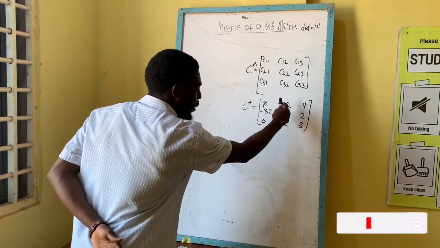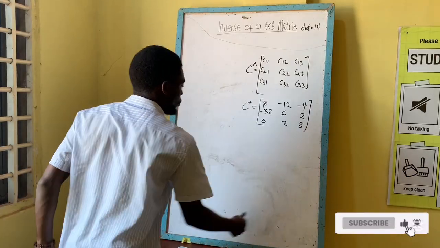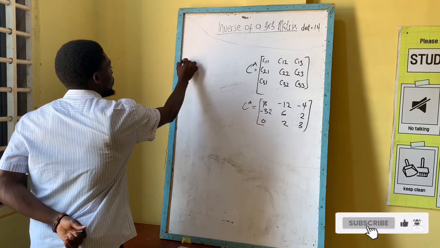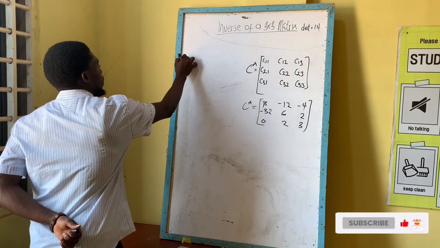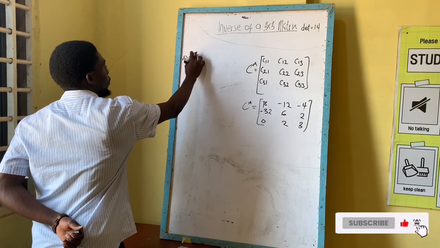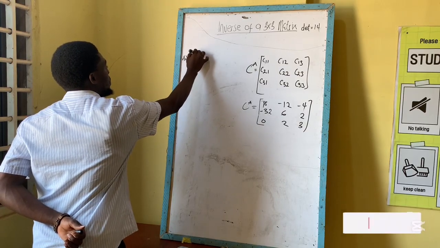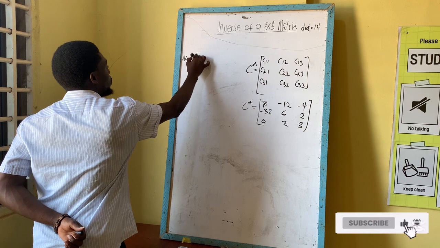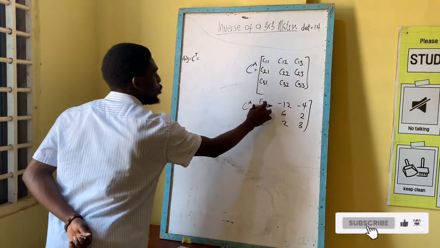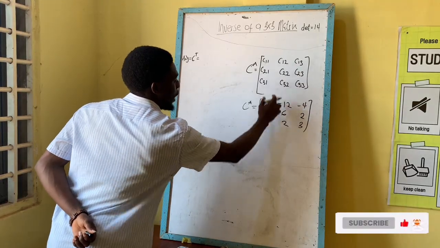Then the second row, you write it as column. Third row, you write it as column. So the adjoint or adjunct equals the transpose of the cofactor matrix C. The transpose of the matrix equals, you write the rows as columns.